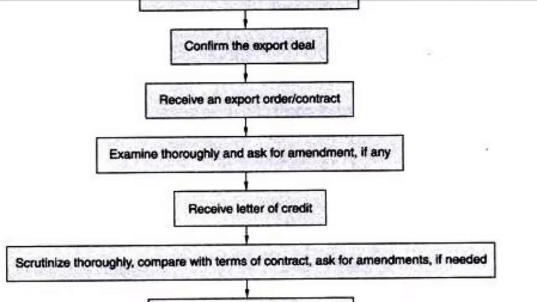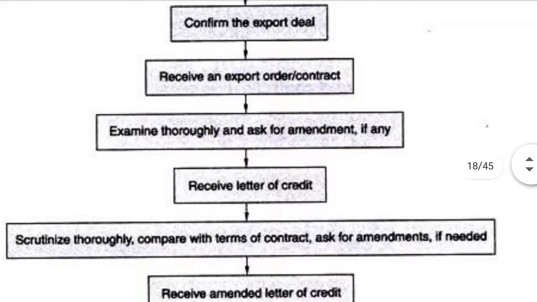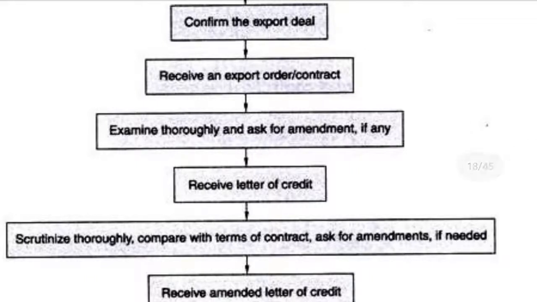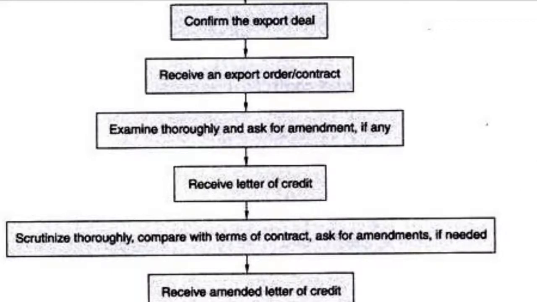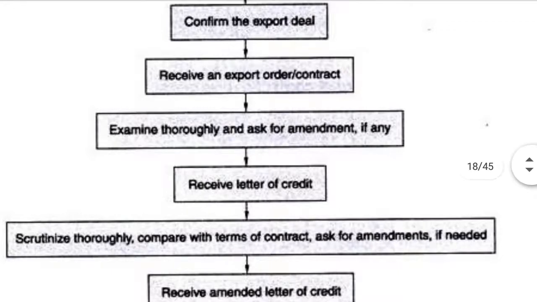Examine it thoroughly and ask for an amendment if needed. Before preparing this, we need to examine the purchase contract, so we can understand what things need to be fulfilled from our side.